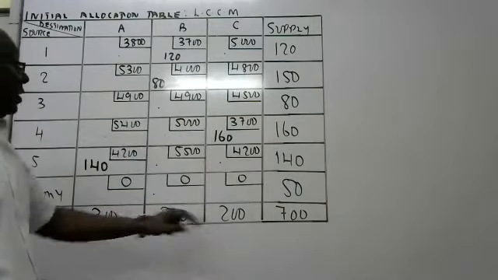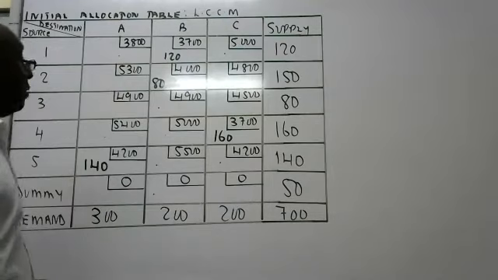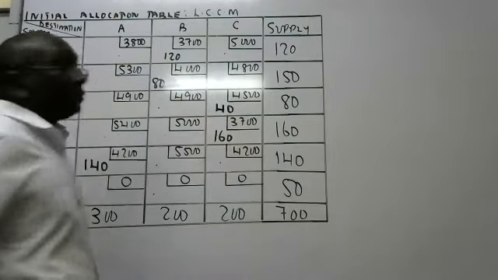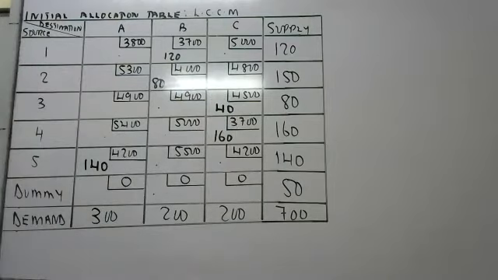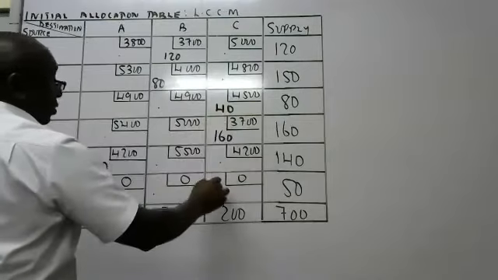The unsatisfied demand is 40. So the maximum we can put there is what? 40. When we do that, this is blocked, and this is also blocked.